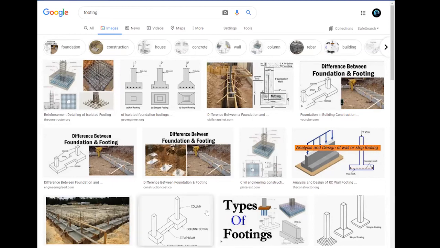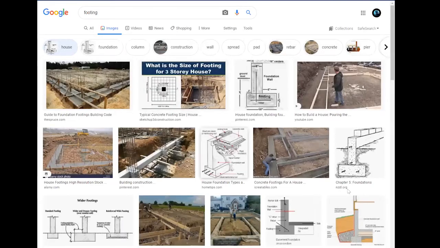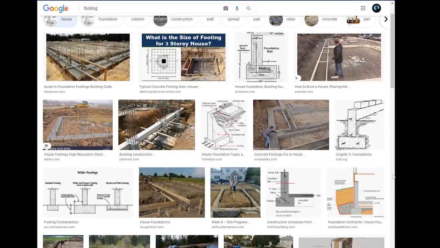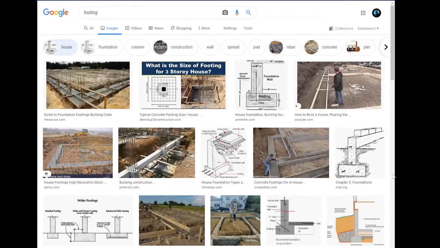Siyempre, i-erect mo yan. Yung mga bakal na yan, meron yung katumbas na sukat kasi ang construction is not exact science din yan. Kaya napapansin nyo yung mga buildings natin, hindi siya nag-shake ng basta-basta, kasi talagang may mga sukat yan.